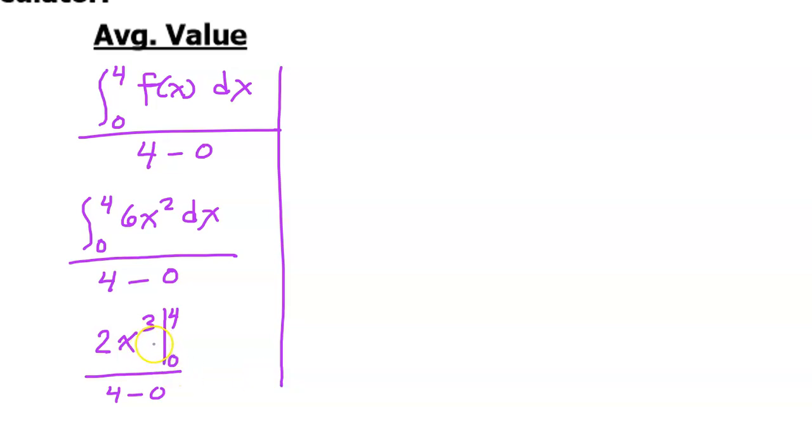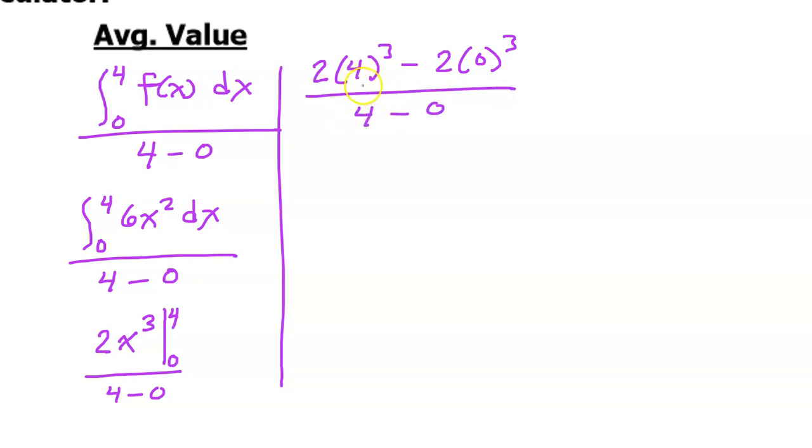The way you evaluate this definite integral is you find the value at 4 and you subtract the value at 0. So I'm going to do 2 times 4 to the third power minus 2 times 0 to the third power over 4 minus 0. Let's see, 4 to the third power is 64, so I have 2 times 64. 0 to the third power is 0 times 2 is 0, so the second term is gone.